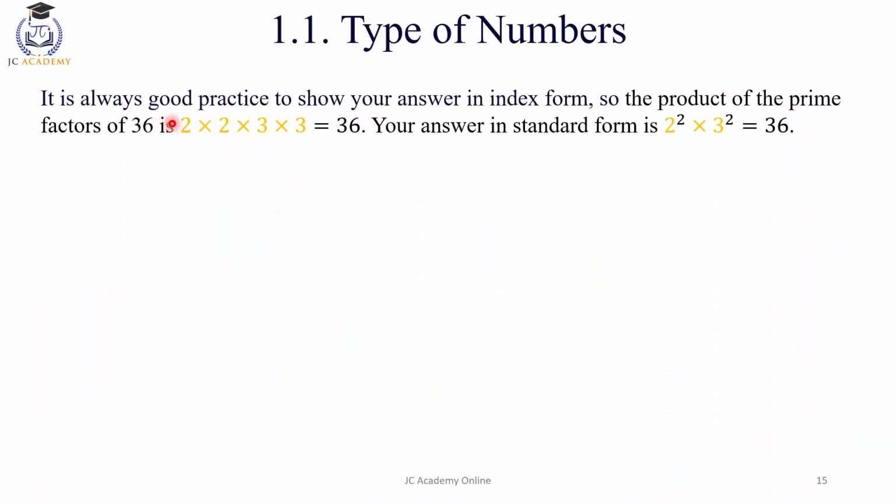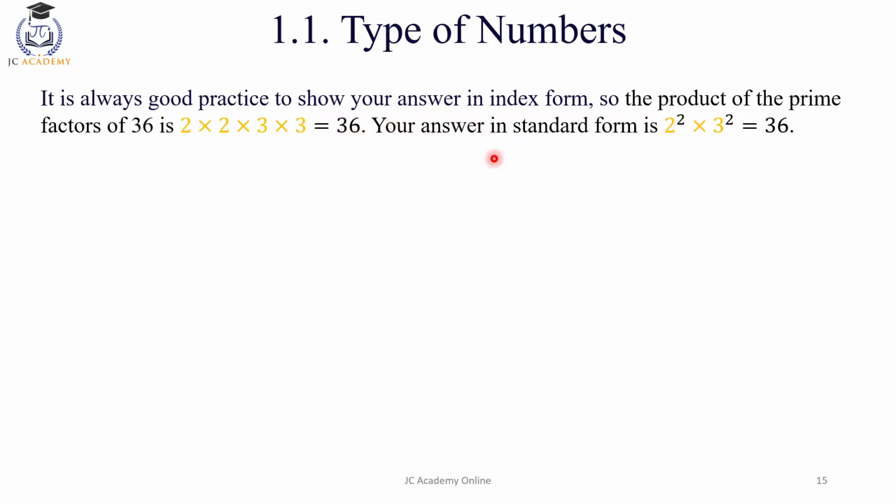Now, it is always good practice to show your answer in index form. What that means is that the product of the prime factors of 36, as you saw before, was 2 times 2 times 3 times 3, which is equal to 36.